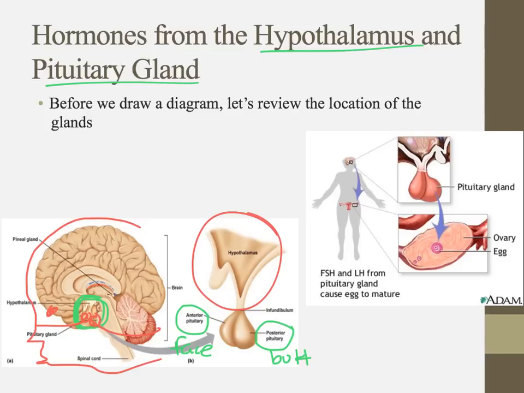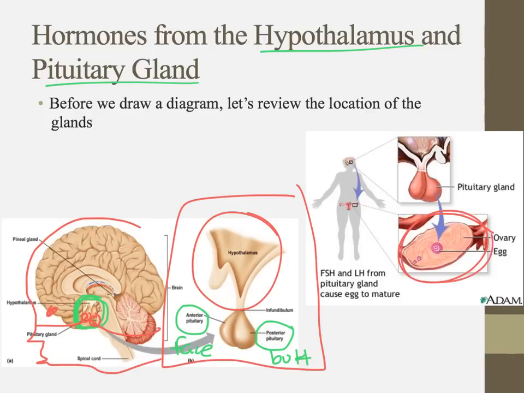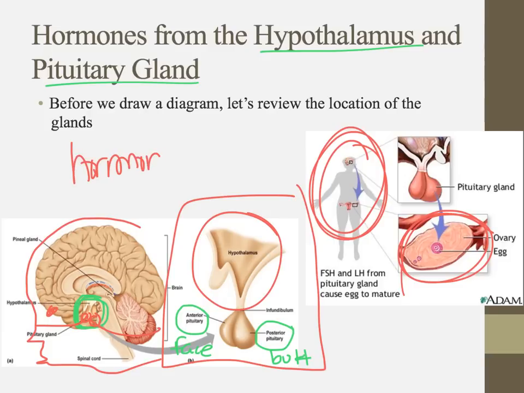Now, the hormones that are produced in those glands are going to have some interactions with some hormones produced by the ovary. So just keep in mind that there is an interaction here and that hormones always circulate throughout the blood. When we say that messages are traveling back and forth, they're doing so through the bloodstream.